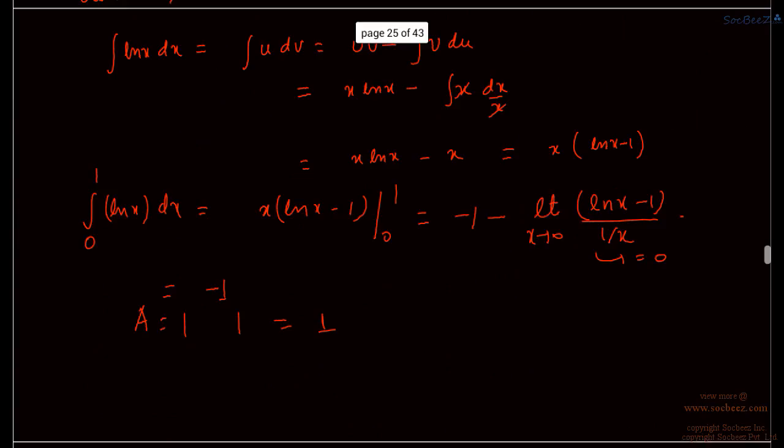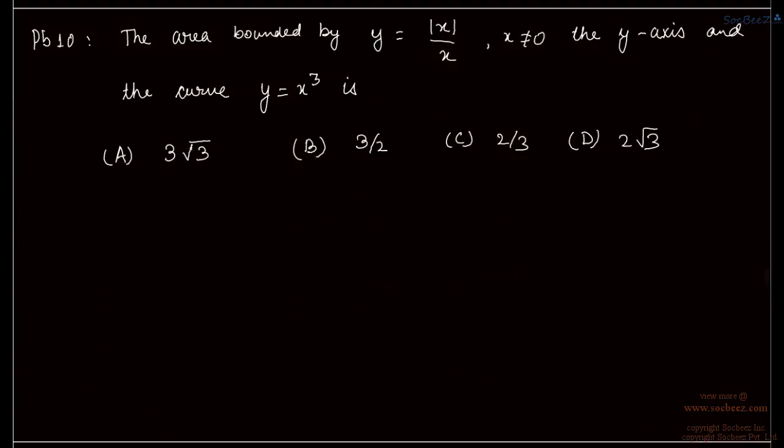Now moving to the next problem. The area bounded by y is equal to mod x upon x, the signum function. This function is called the signum function. So y is equal to mod x upon x, which is equal to 1 when x is greater than 0, minus 1 when x is less than 0, and it is not defined at x is equal to 0.